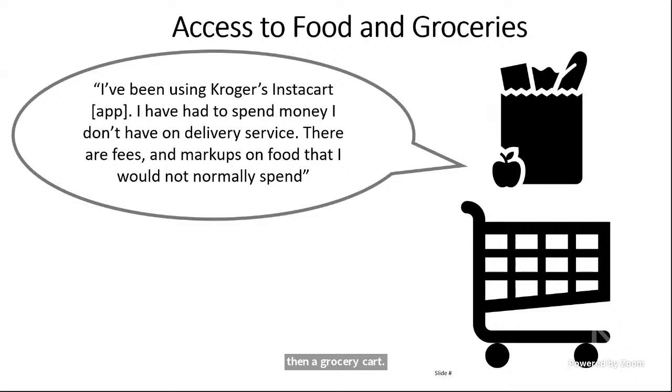So this participant expressed that I've been using Kroger, which is a grocery store in some parts of the country, Kroger's Instacart app. I have had to spend money I don't have on delivery service. There are fees and markups on food that I would normally spend. So we noticed that participants had a response strategy to this challenge related to accessing food and groceries, but it came with an extra cost.